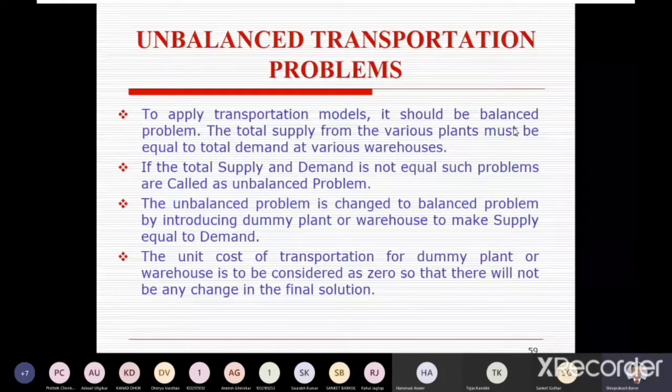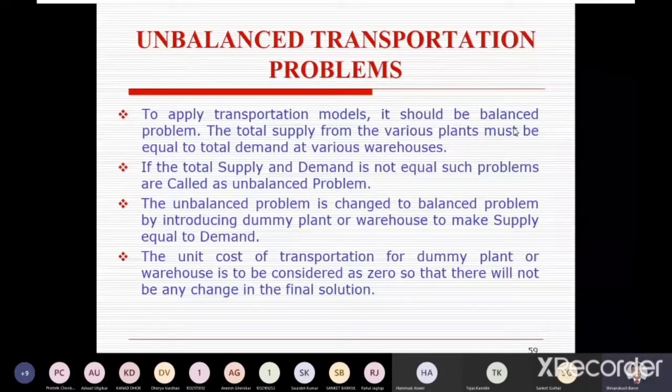So first is unbalanced transportation problem. To apply the transportation models, it should be a balanced problem. The total supply from the various plants must be equal to the total demand at various warehouses, meaning production capacity is equal to the storing capacity in the warehouses.